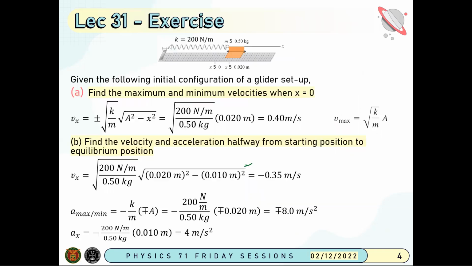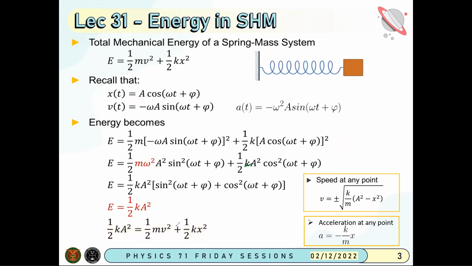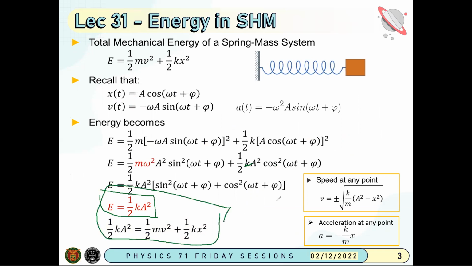And then, wag din kakalimutan yung 1/2 kA squared or these equations. And of course, this. Okay. So, yun lang yung key sa energy and applications in SHM. Okay ba yan? Any other questions?